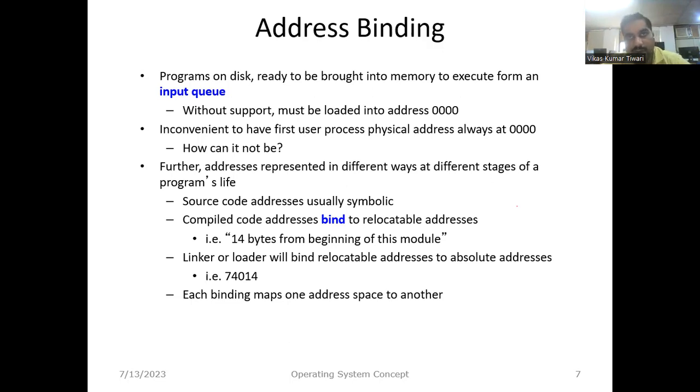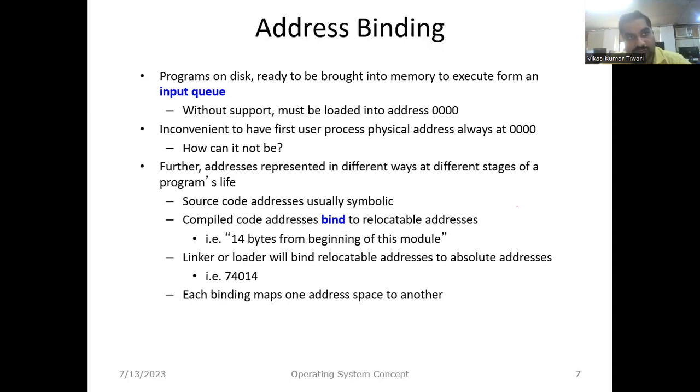What is linker and loader? The term linker comes from link. Suppose we have a C program with printf and scanf. These are library functions, so they are stored somewhere, in a library.